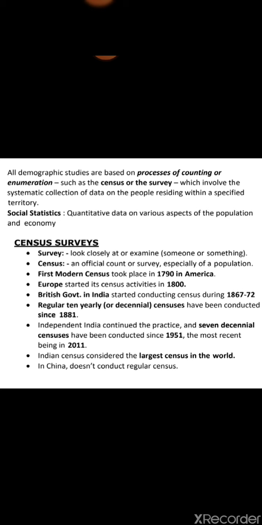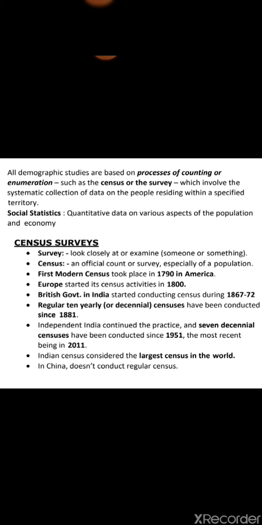Regular 10-yearly or decennial census have been conducted since 1881. Independent India continued the practice and 7 decennial census have been conducted since 1951, the most recent being in 2011.